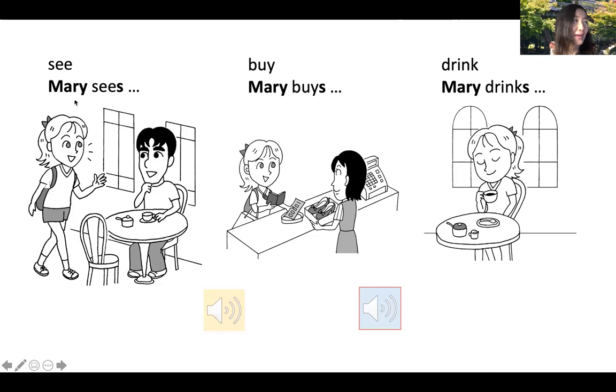Mary sees someone, Mary buys something, and Mary drinks something. Now, students should work on the vocab list, and students should know what each verb means, of course, before we do this activity.